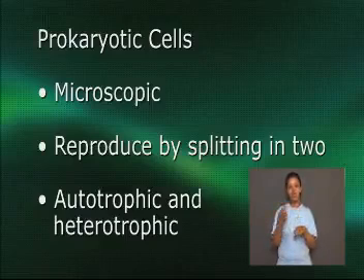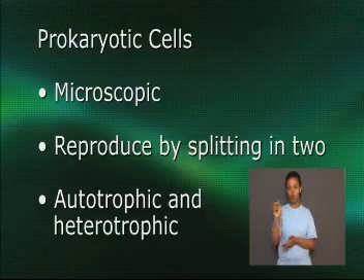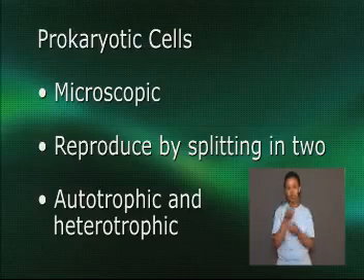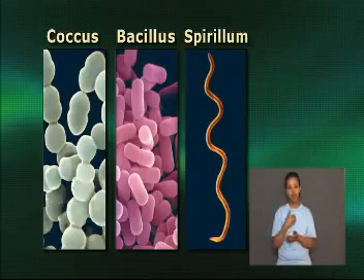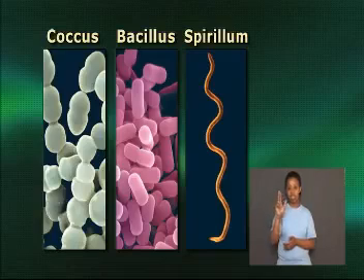Also, some prokaryotic cells are autotrophic, which means they can make their own food through the process of photosynthesis and chemosynthesis. There are generally 3 shapes of cells: spherical or coccus, rod-like or bacillus, and spiral or spirillum.